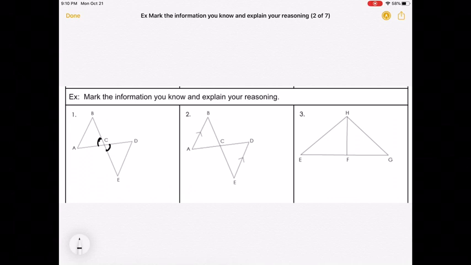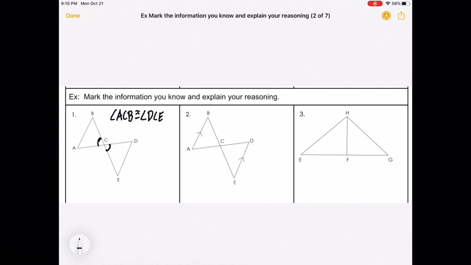Now you may think, oh, B and E look the same and A and D look the same. They probably are, but because there are no parallel lines marked, you can't mark them. So it would be angle ACB is congruent to DCE.